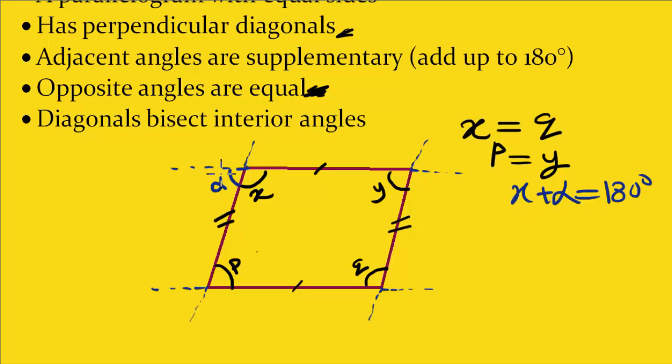Now, if you look at the fact that this side is parallel to this side, corresponding angles are equal. And that's a property you must have learned when you dealt with lines and angles and things like that. If you look at it this way, alpha corresponds to y.